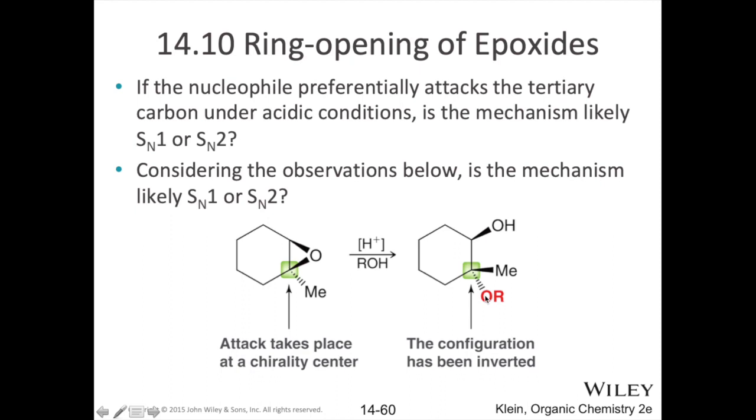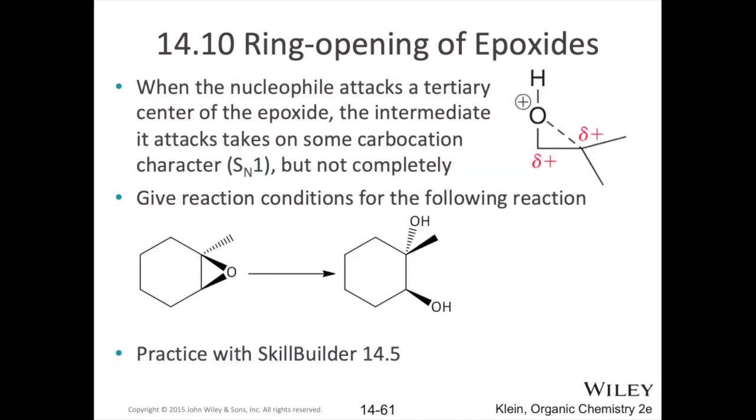If this were an SN1 mechanism, we would see a racemic mixture of products because your carbocation would be flat, and your nucleophile could attack either side of it. So that's something to keep in mind, that this is still an SN2 mechanism, but what must be going on is that there's some partial carbocation character. There's a little bit of SN1 to this SN2 mechanism.